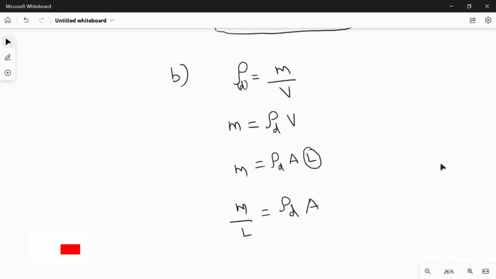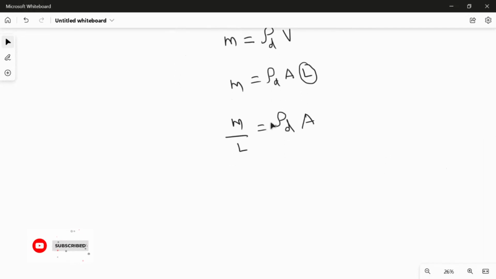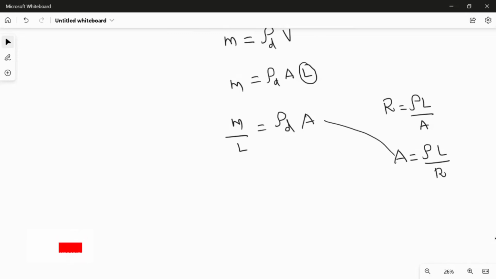Now I'm not going to touch the density of the copper, but in place of area, I'm going to use the equation of the resistance again. Resistance R is equal to rho L over area. Therefore, area is equal to resistivity multiplied by length divided by R. So I'm going to substitute this equation here. If you substitute, what will we get?